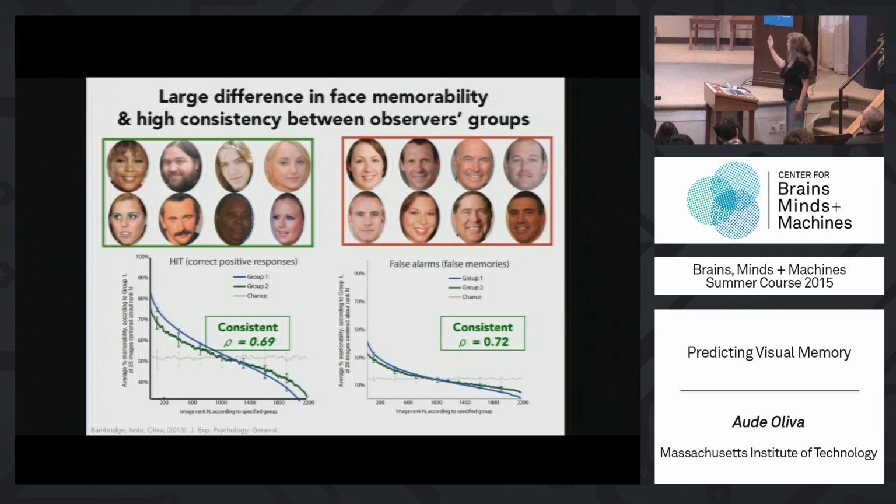This very high consistency for both measurements suggests that, again, in the facial features of people, or at least the way a photo is taken, there is something at the level of the image that will make a face highly memorable or highly forgettable for most people.